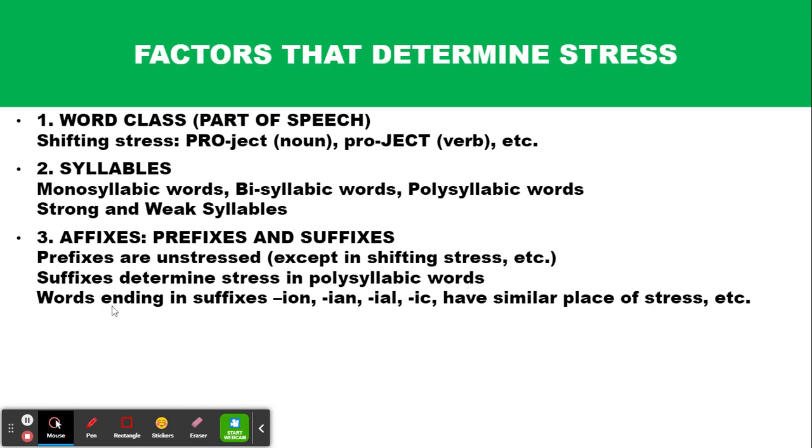For example, words ending in suffixes such as ion, ian, ial, ic have similar places of stress. All right, so we are going to come to that. This is just to show you how affixes determine stress in the English language.